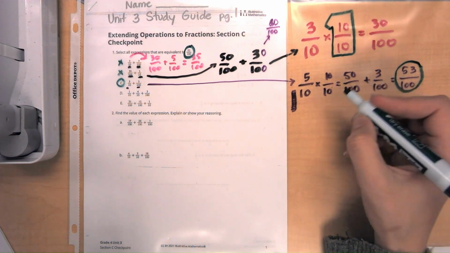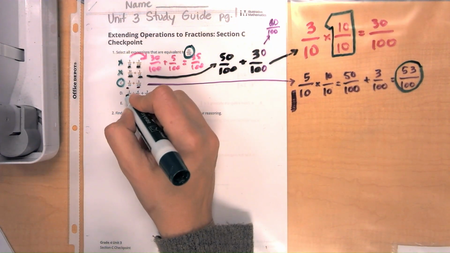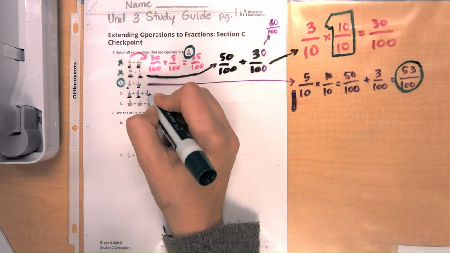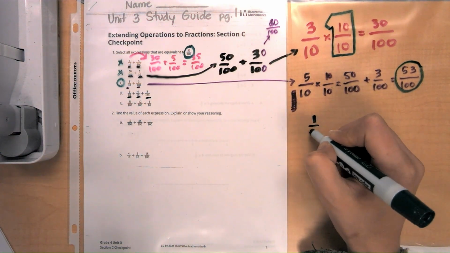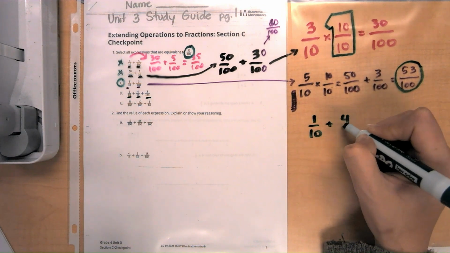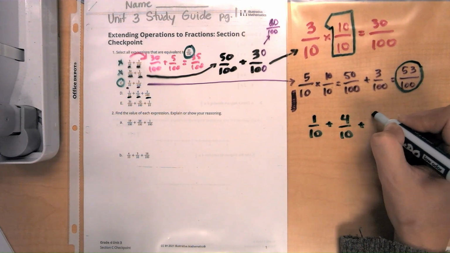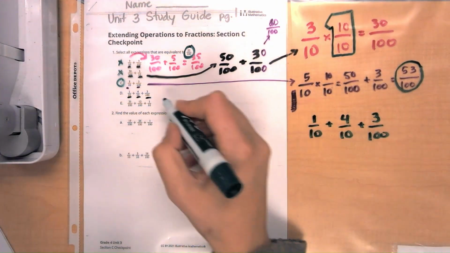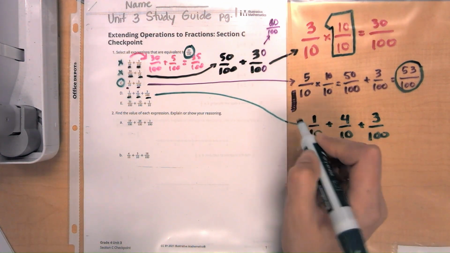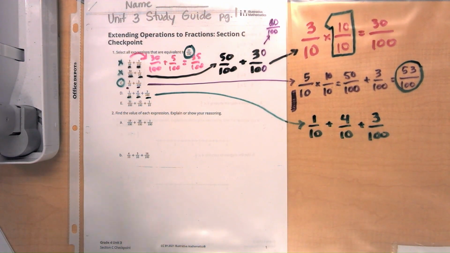One thing we did learn is that, let's see here, 1/10, 4/10, 3 hundredths. 1/10 plus 4/10 plus 3 hundredths. Again, I'm just going to bring this over here. I'm running out of space, as you can see.